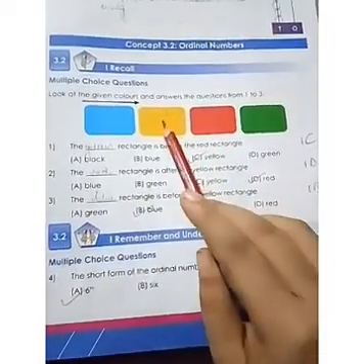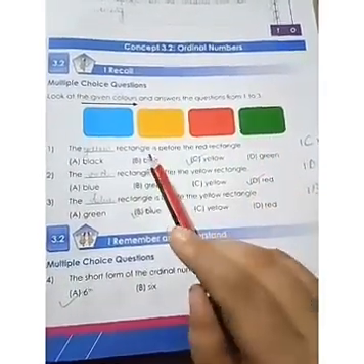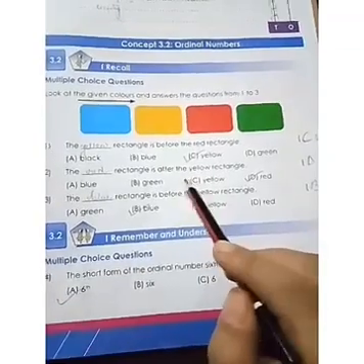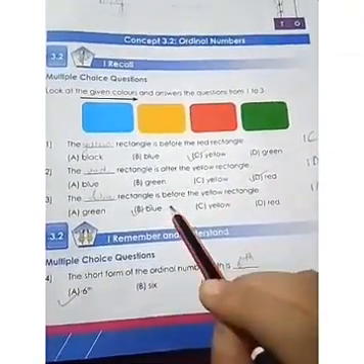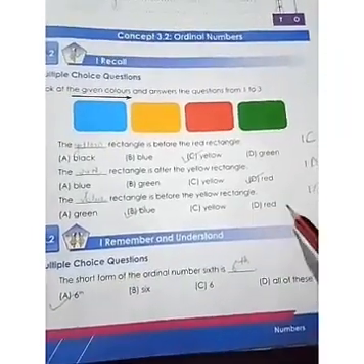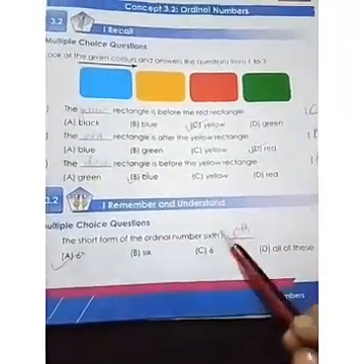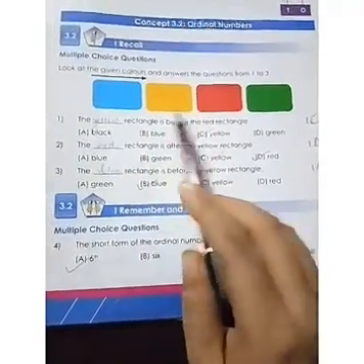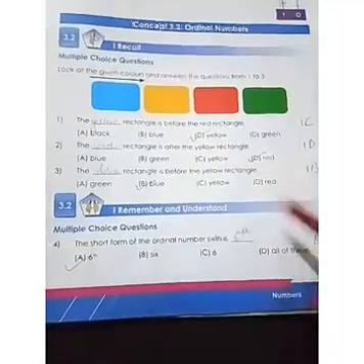The red will be after yellow and the green will be after red. So the questions might not come only about before. The questions might come for the word after also, or between also. If the question asks which color is between blue and red, that means it is yellow.